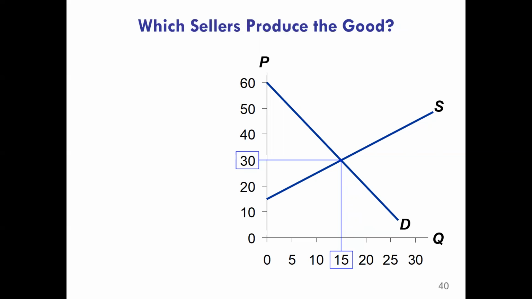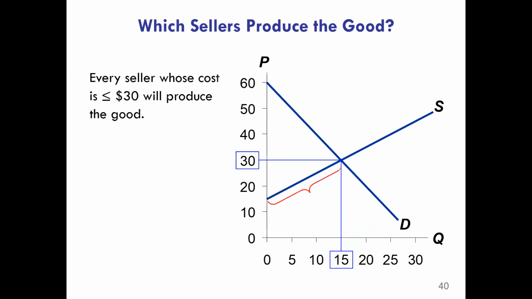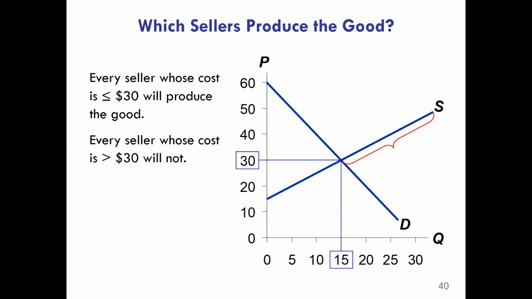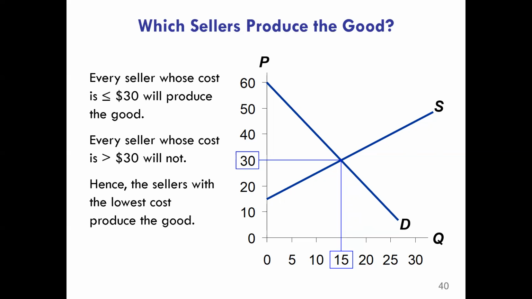Now, which sellers produce the good? We know that every seller whose cost is less than or equal to the $30 price will produce the good, and every seller whose cost is greater than $30 will not. Hence, the sellers with the lowest cost produce the good.